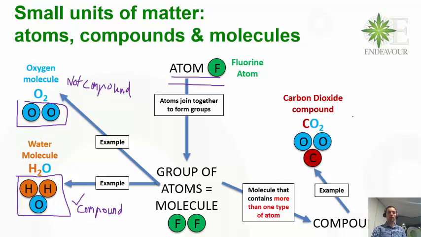This one is carbon dioxide, CO2. So you can see that this time it's got one carbon atom and 2 oxygen atoms. And that means that we've got 2 different types of atoms. One of the element carbon, and then we've got 2 of the element oxygen. Therefore, it's satisfying the definition of a compound where we've got more than one atom type present.